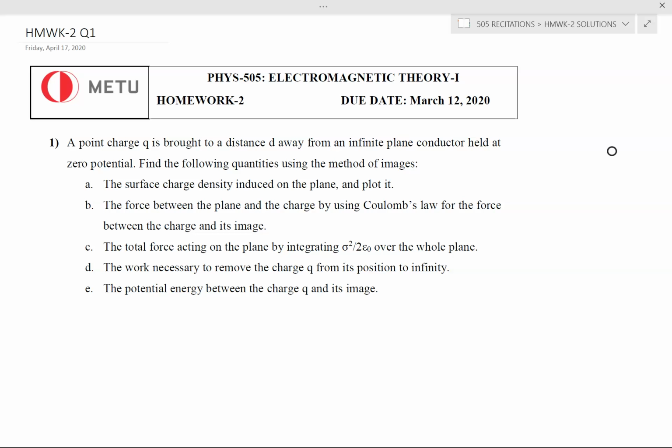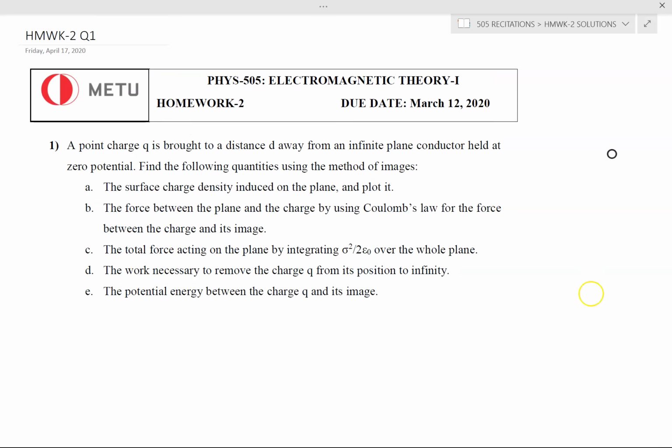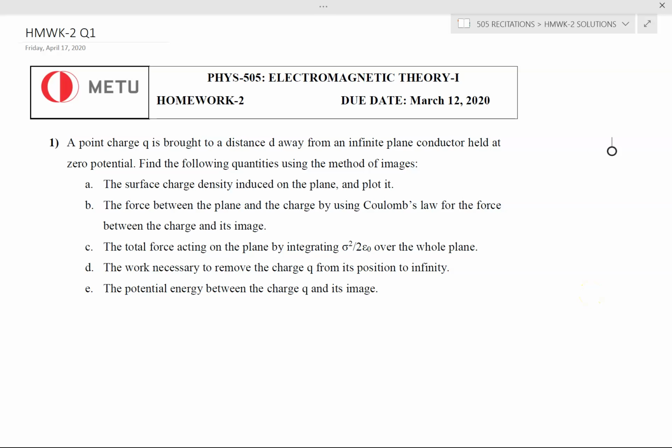The Laplace equation turns out to be the equation for electrostatics in free space, while we have some existence of charge in the case of the Poisson equation, which leads us to use Green's functions, right? So let me start with the very first problem now.